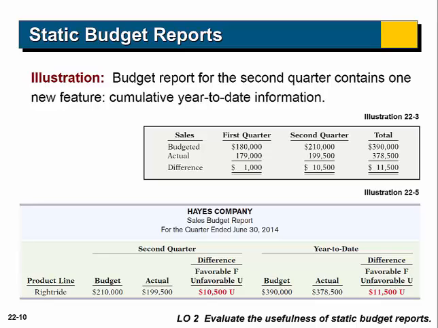Now, keep in mind, people, that if you have an unfavorable result in quarter one and a favorable result in quarter two, you would net that positive and negative number together in order to get the year-to-date number.